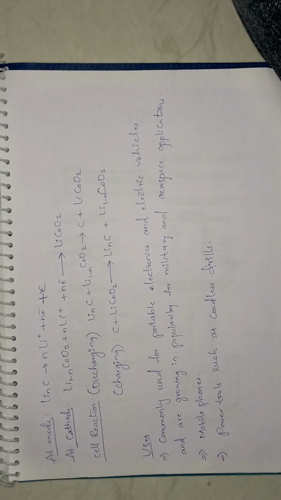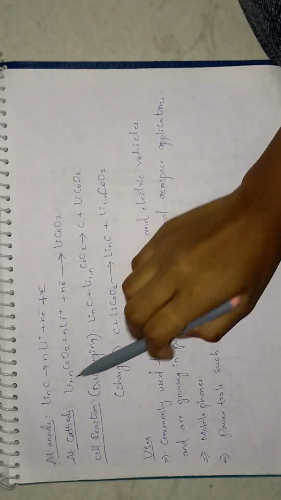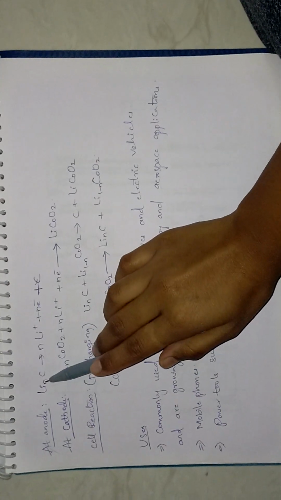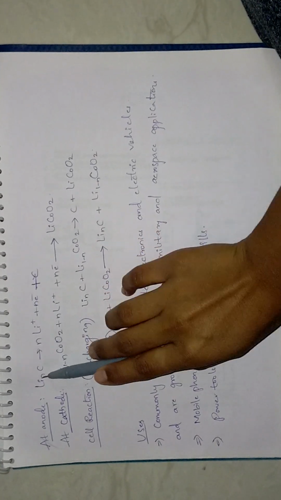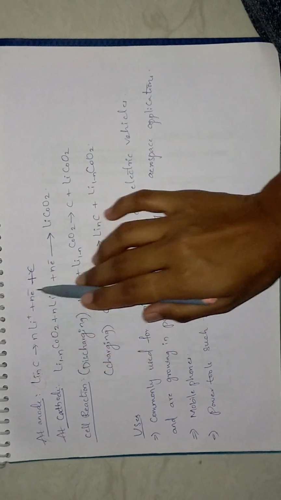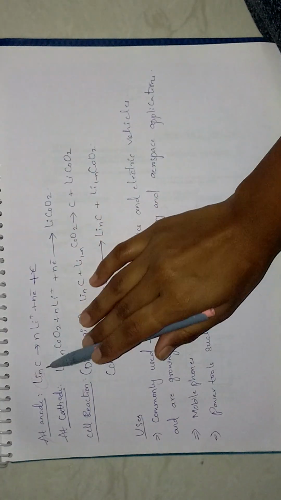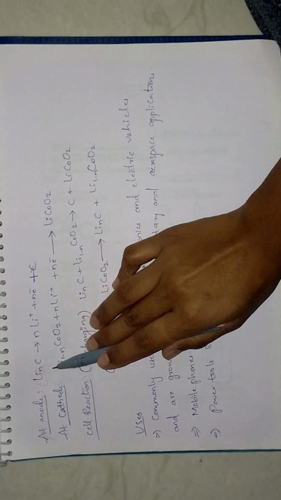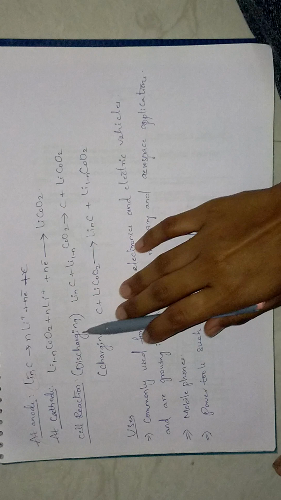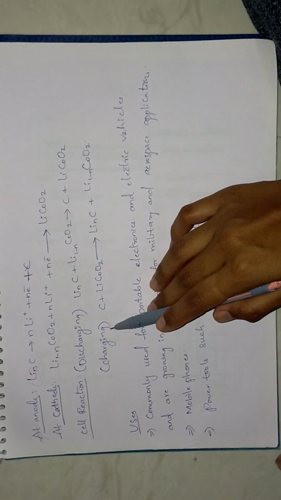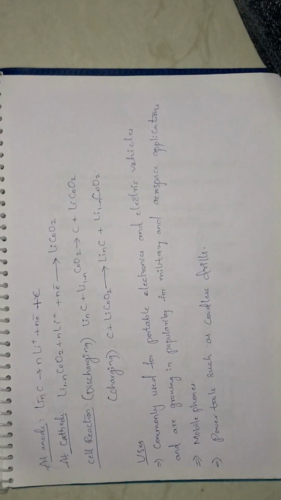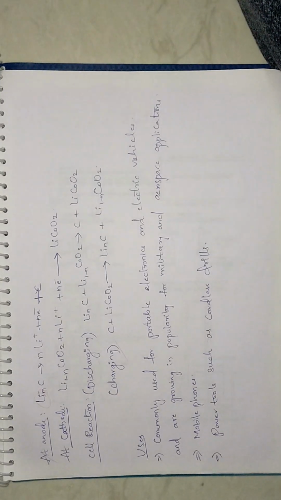At the anode side this is the reaction, where n is the number of lithium ions that are going to be exchanged. And at the cathode, this is the reaction. So this is the overall cell reaction for discharging and charging. Charging means we are making sure that it is again able to work.